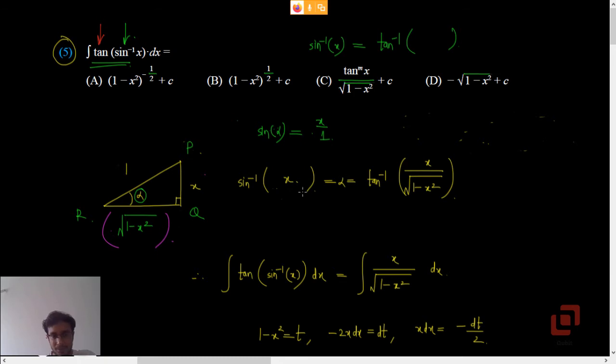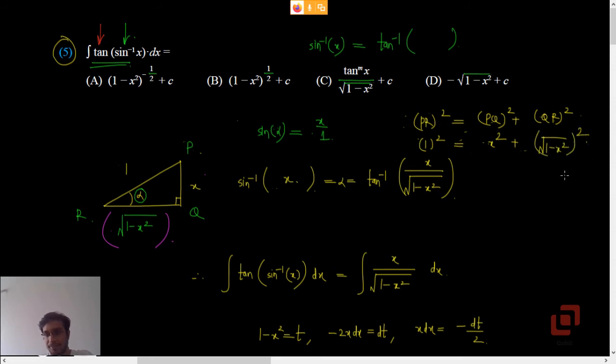This can be obtained by considering the property of right angle triangles, that the square of the hypotenuse is equal to the sum of squares of its sides. So PR is 1, so 1 squared; PQ squared is x squared, and we need to find QR squared, so that will be root of 1 minus x squared raised to 2.